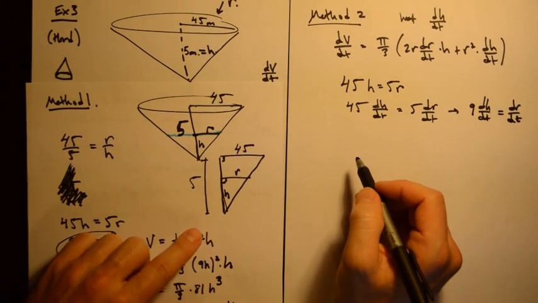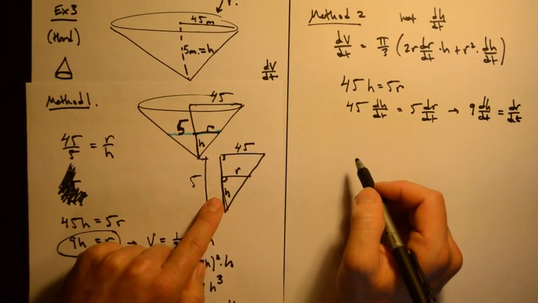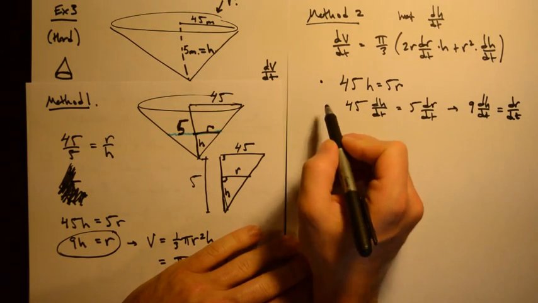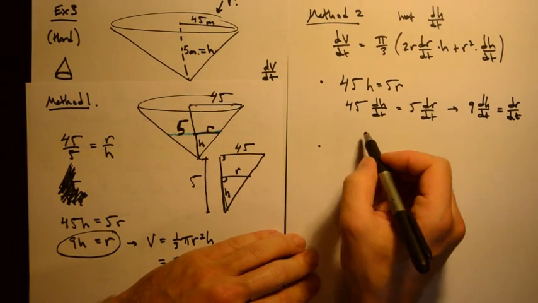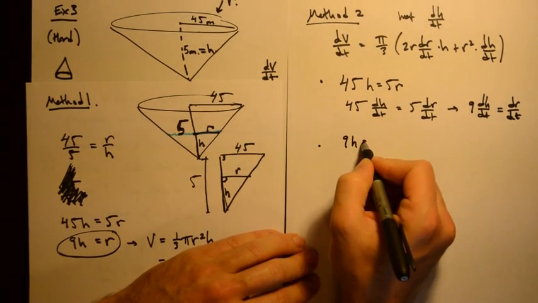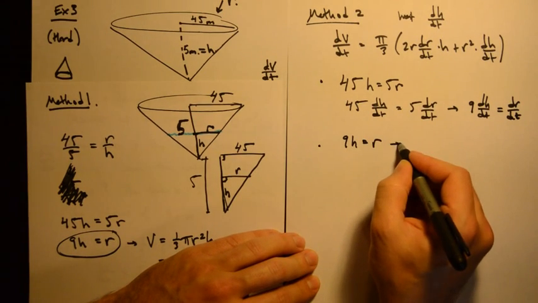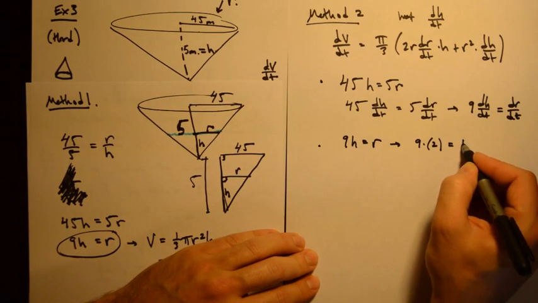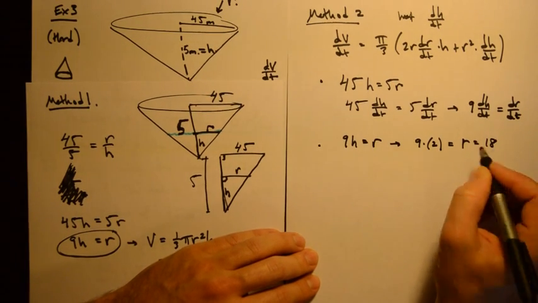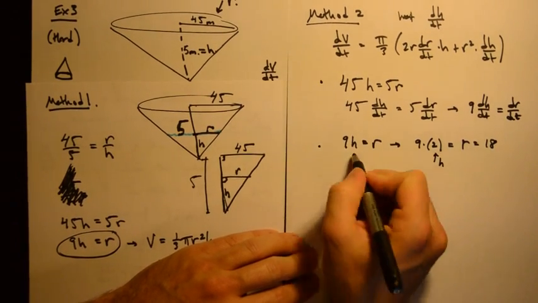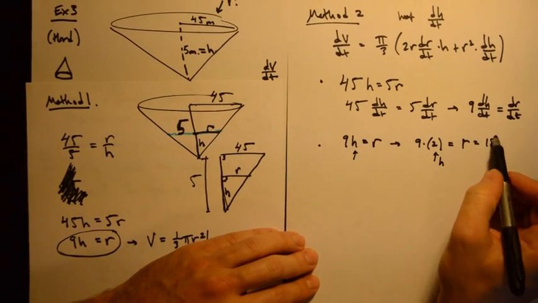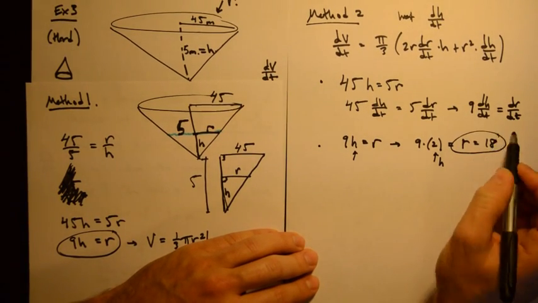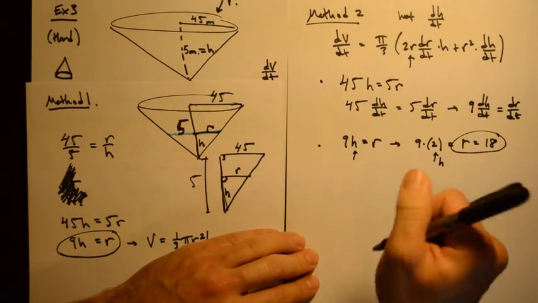So we have to find actually what r is when h is 2, and to do that we're going to use similar triangles again. So we know 9h is equal to r, so this tells us when h is equal to 2 that r is equal to 18. So this h here corresponds to this h here. So now we can take this value and substitute it for r here.